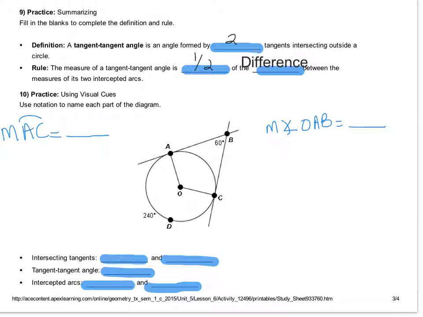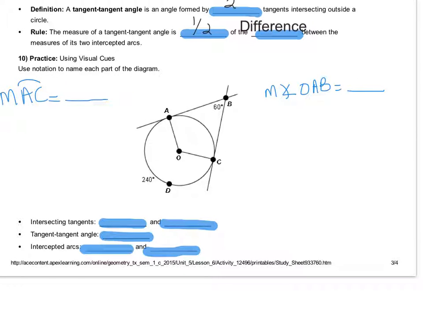Okay, so in looking at the picture that we have here, which is circle O, the intersecting tangents are AB, that segment touching the circle in one spot, and BC, which touches at one spot.